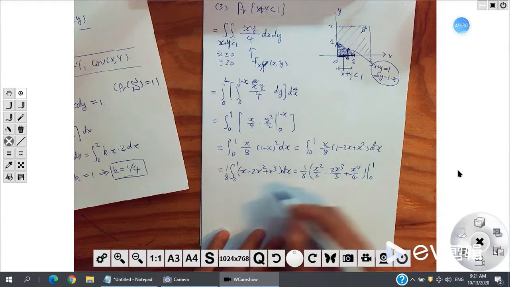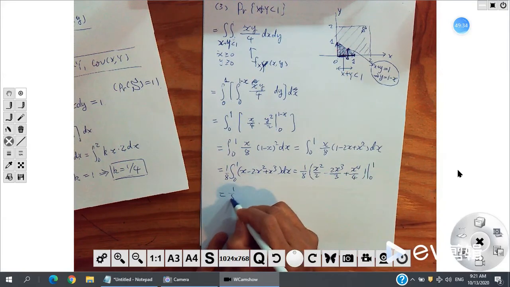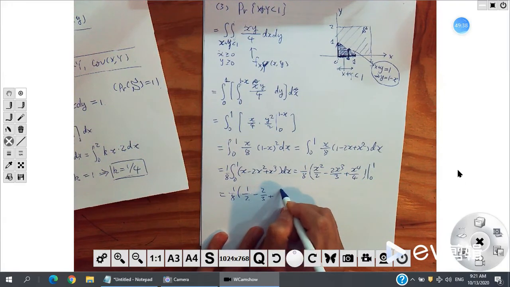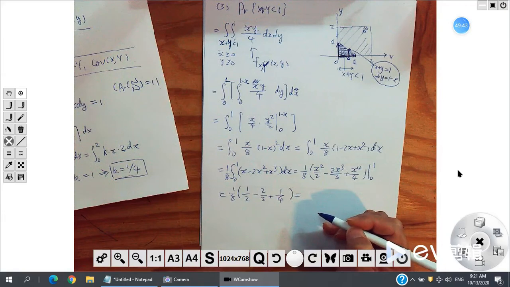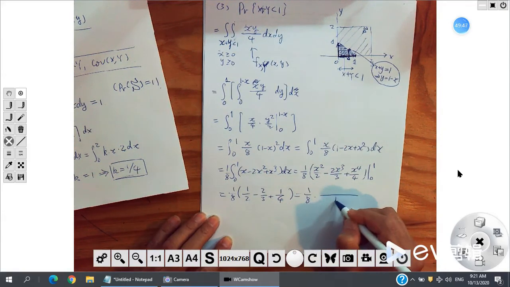So I only need the one term, right? 0 is nothing. For 1, this is 1/8 times 1 over 2 minus 2 over 3 plus 1 over 4. So what is it? 1/8 times, I use 12, right? 3, 4, 12.